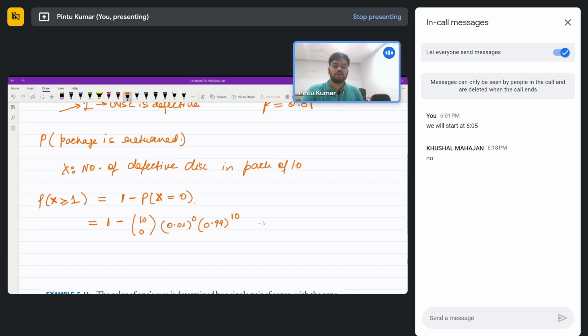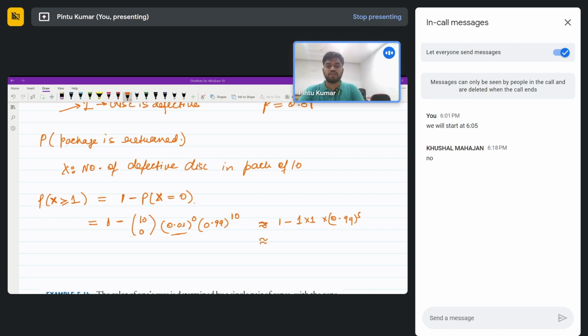What is this value approximately equal to? This first one is, sorry, 1. So this is 1 into, this would also be 1. And this would be 0.99 to the power 10. Okay, so this is what we have to calculate.